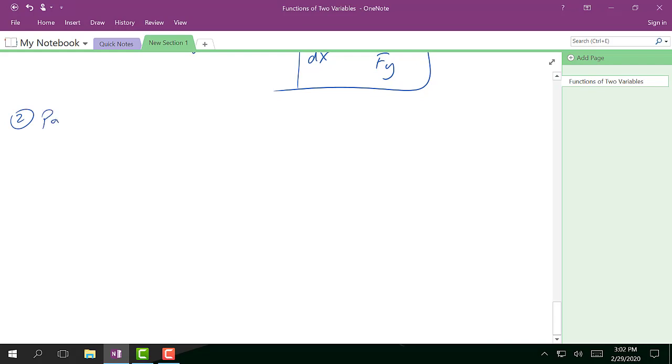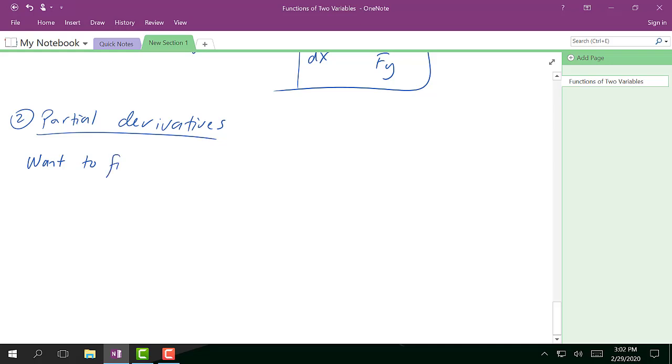So the second one for implicit differentiation is going to be partial derivatives. In this case, what we want to find are partial derivatives.